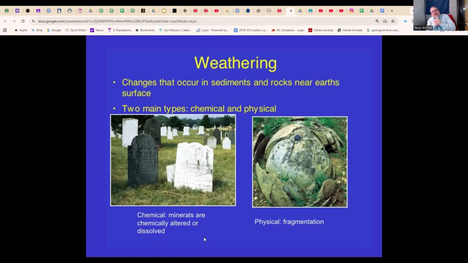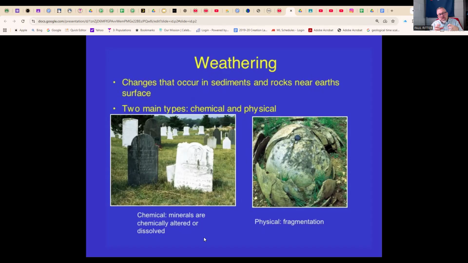So, for example, if something reacts with a chemical and changes, when we think about chemical weathering, we think about one chemical interacting with another chemical and it changes the makeup of those two chemicals. In other words, it changes to something else. But then you have physical.